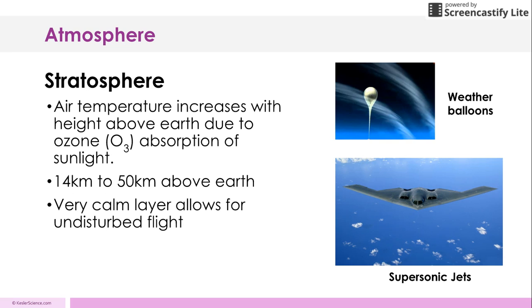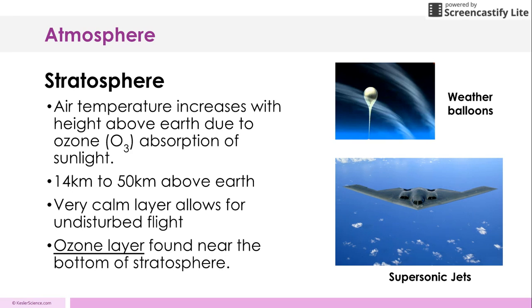It's a very calm layer, allows for undisturbed flight. So when you're flying, that's when you don't necessarily feel the turbulence. The ozone layer is found near the bottom of the stratosphere.